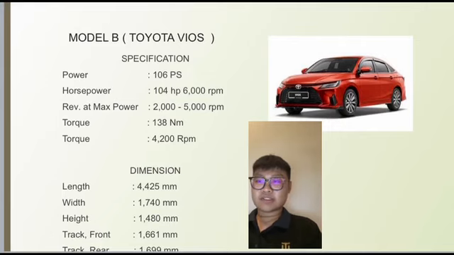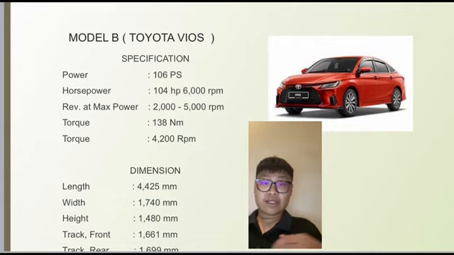I will present my slide for the Toyota Vios. The Toyota Vios has power of 106 PS and horsepower of 104 HP at 6000 RPM. The max power is from 2000 until 5000 RPM, and the torque is 138 Nm. The max torque is at 4200 RPM.